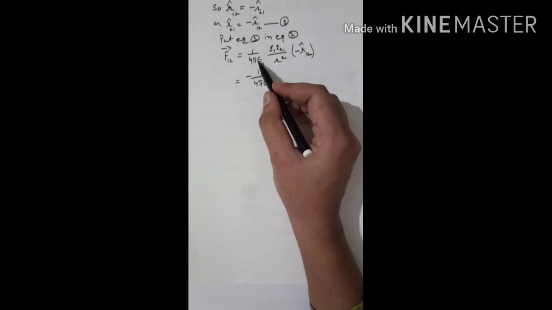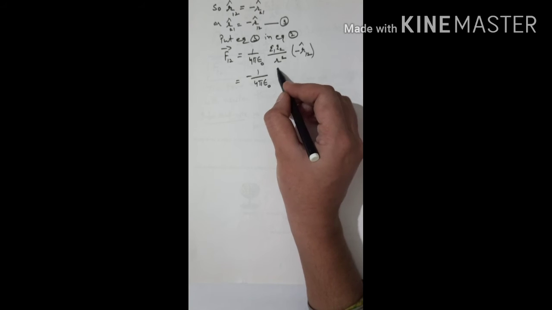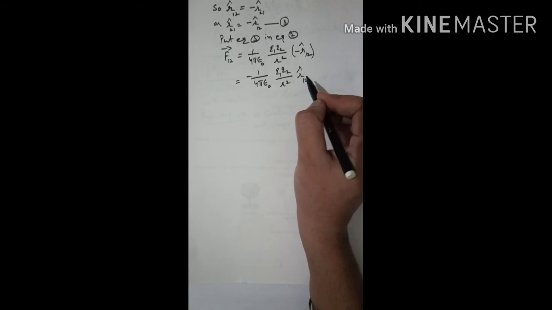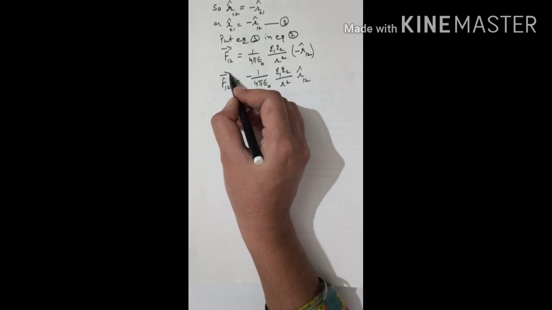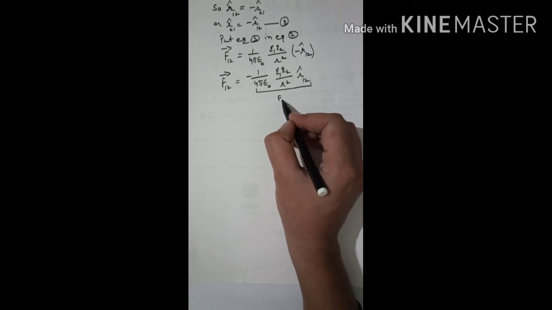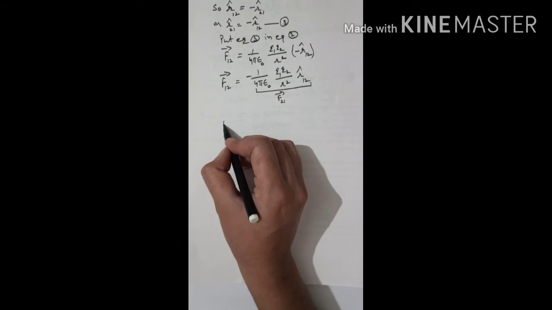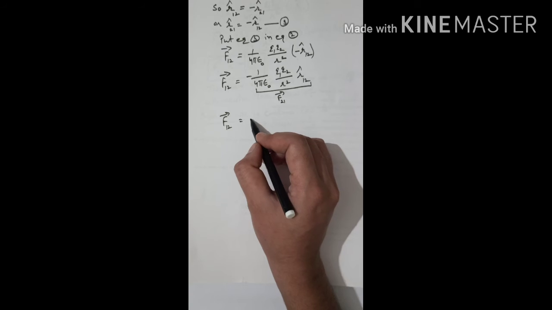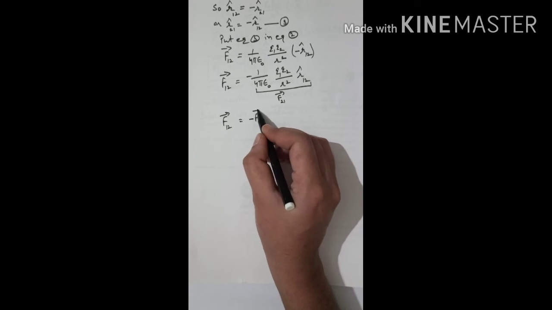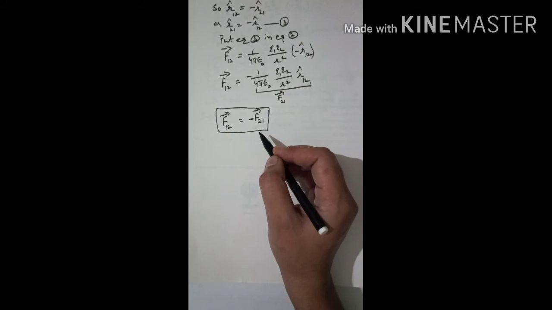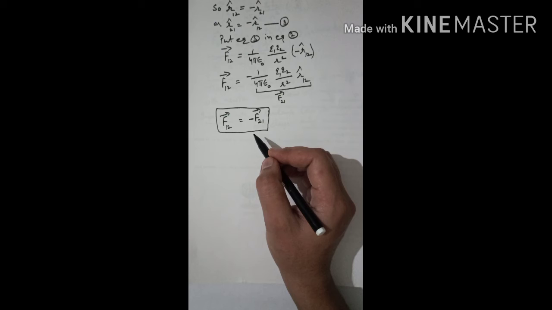Taking the negative outside, this is minus of 1 by 4 pi epsilon naught Q1 Q2 by r square r12 cap, which is the value of F21. So F12 is equal to minus F21. This is the expression for Coulomb law in vector form. So this proves that Coulomb law is in agreement with Newton's third law of motion.